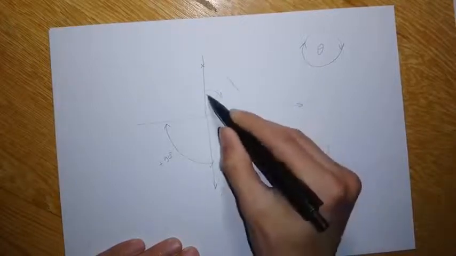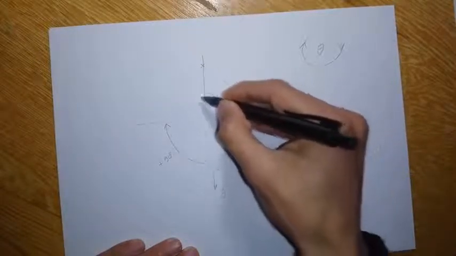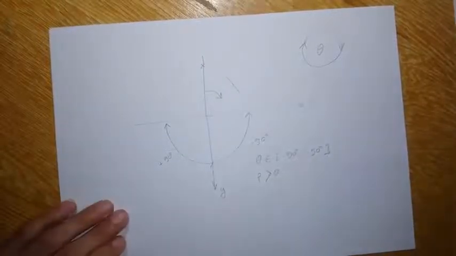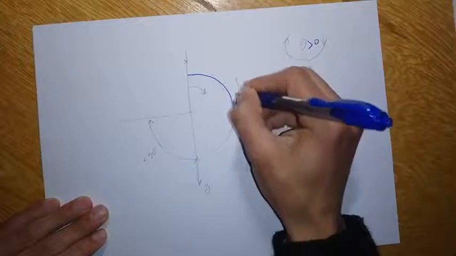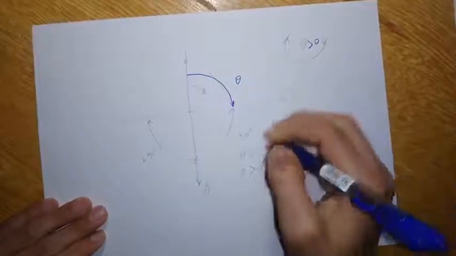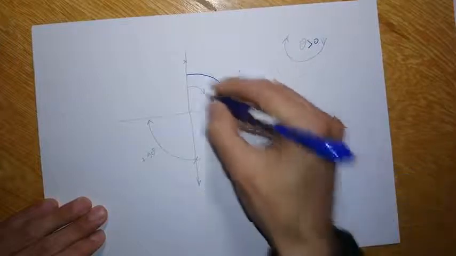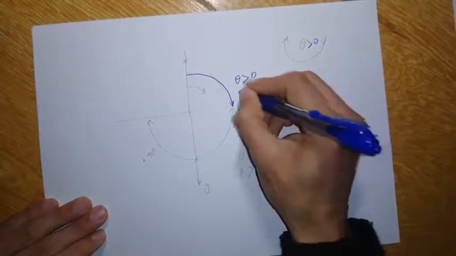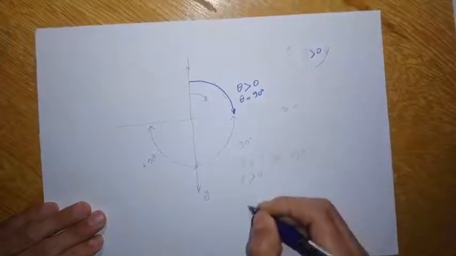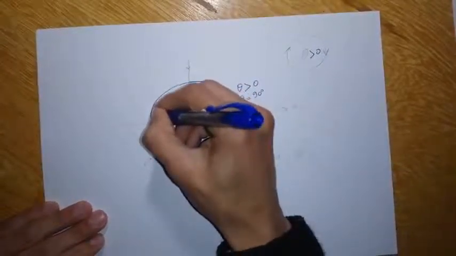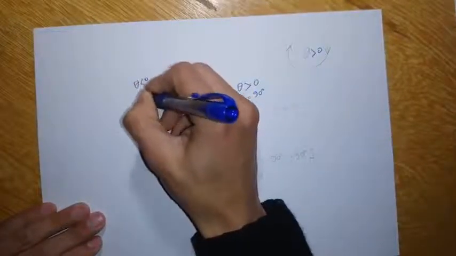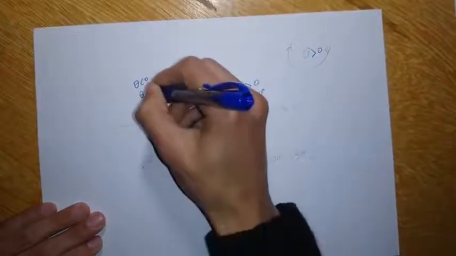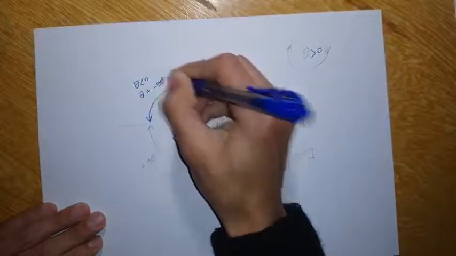And since it goes in the positive direction, the possibilities in this quadrant for theta are positive, with a maximum value of 90 degrees, and in this quadrant I get theta negative, with a maximum value of minus 90 degrees.